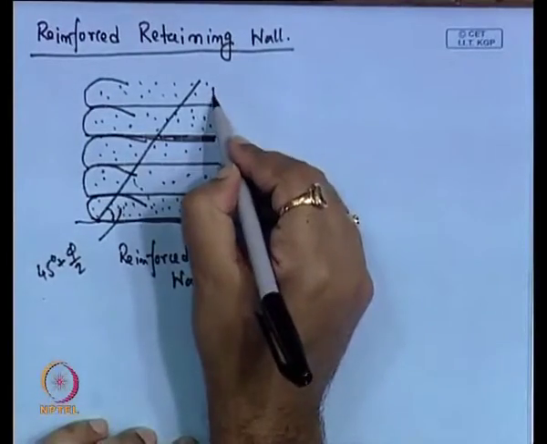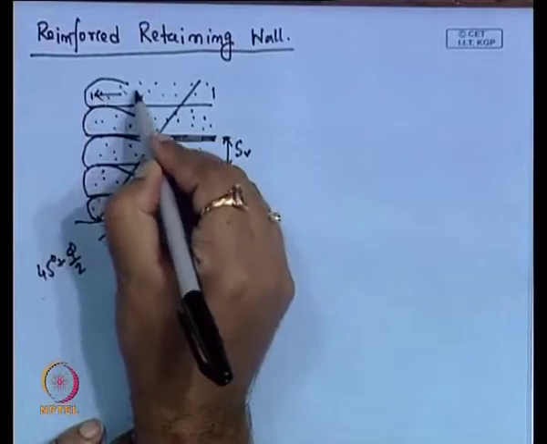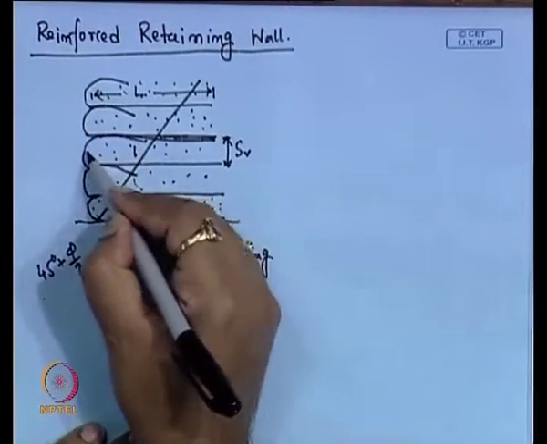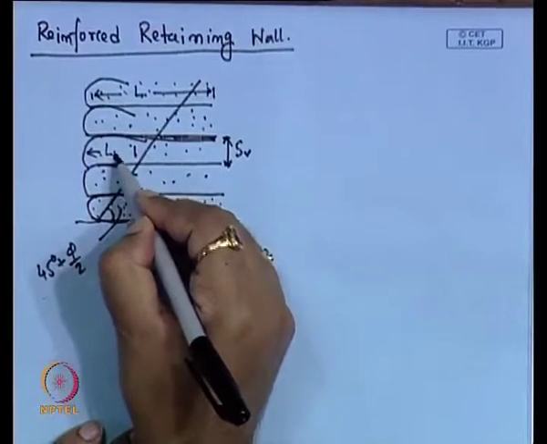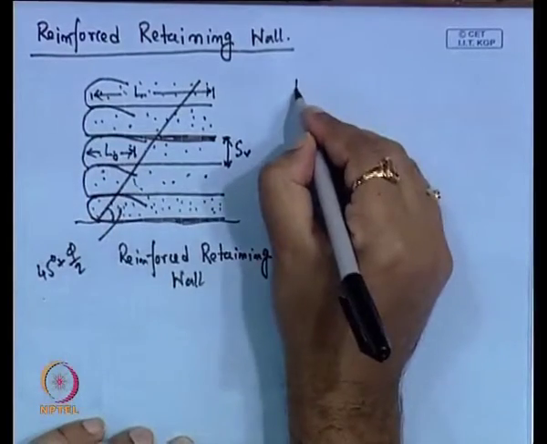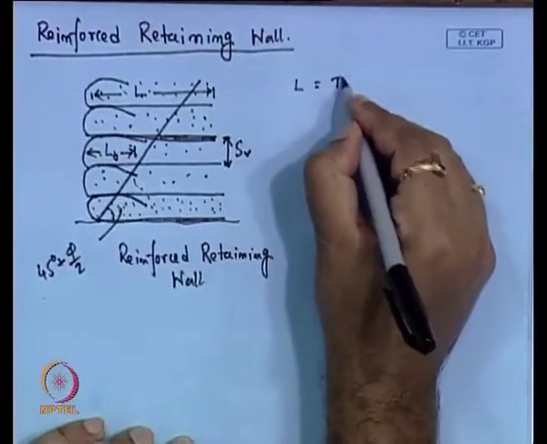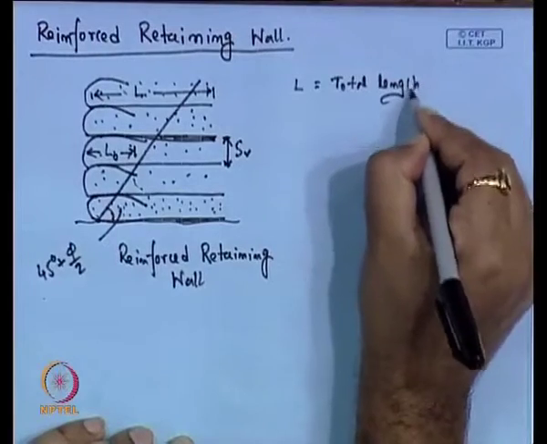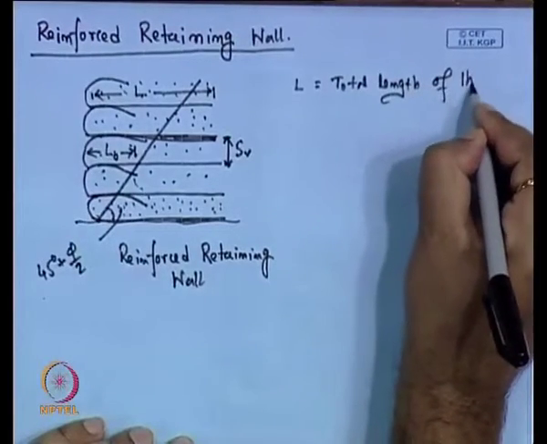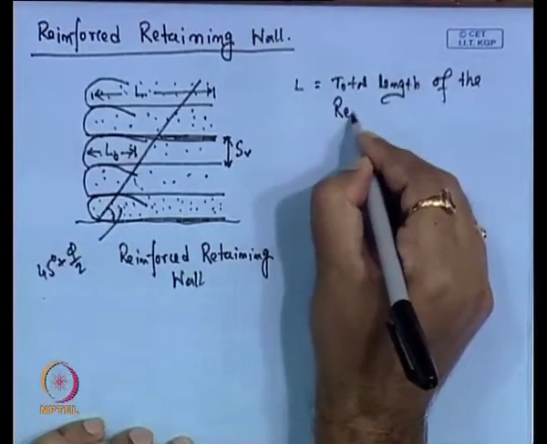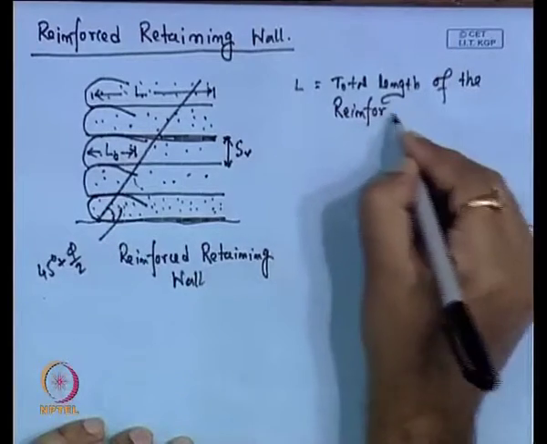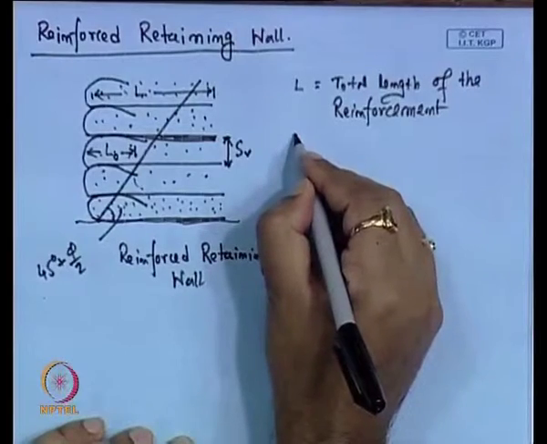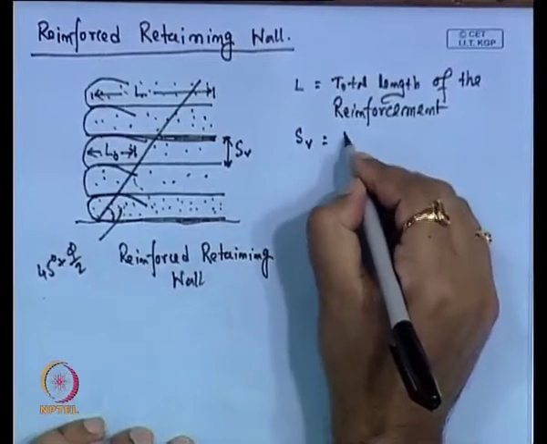Then the next one is L, the total length of the reinforcement, and this folding portion, the length of this folding portion, L0.